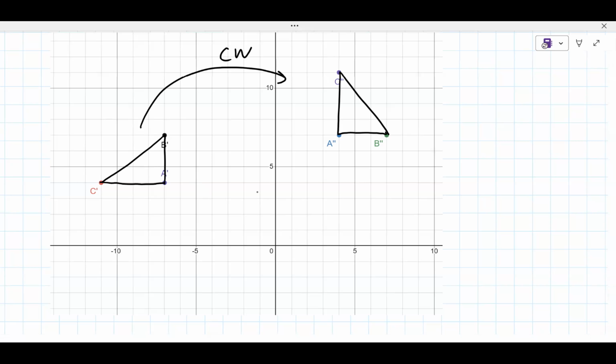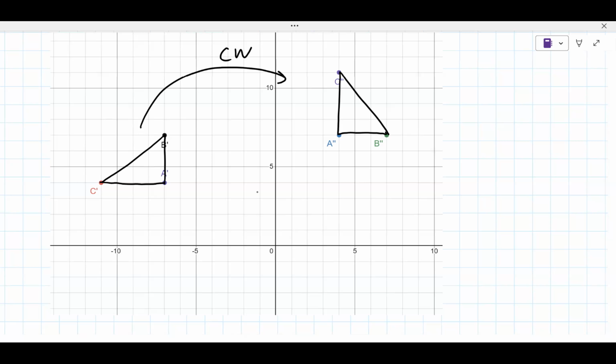I know the side-side-side postulate, the side-angle-side postulate, the angle-side-angle postulate, the angle-angle-side postulate, and the hypotenuse leg theorem, which I guess you can use to prove it.